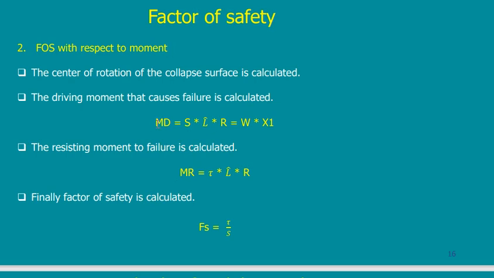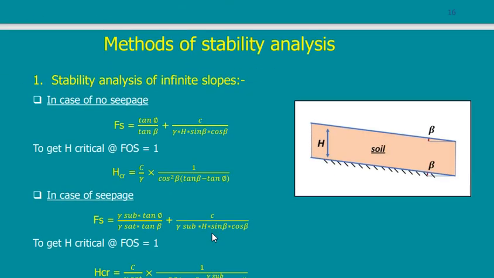We calculate two things: MD, which is M driving, and MR, which is M resisting. M driving is the force pushing the slope to fall. M resisting is the resistance of the slope to failure. I divide both together to get the factor of safety.